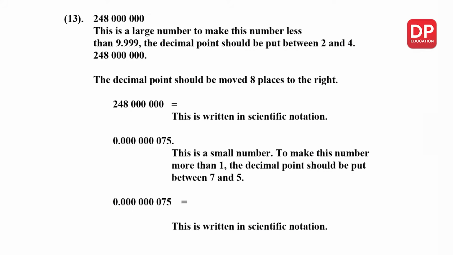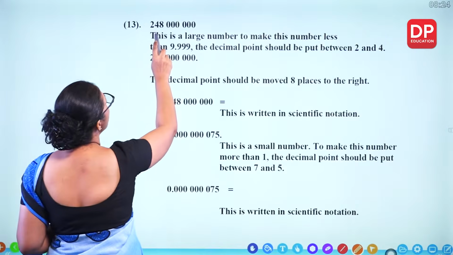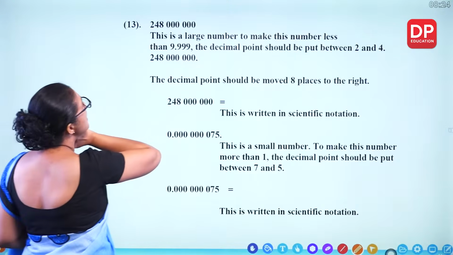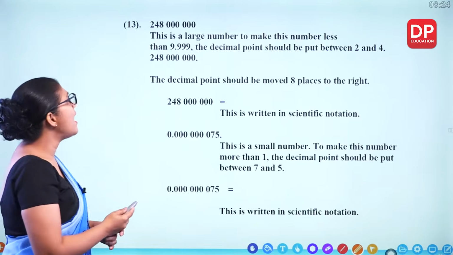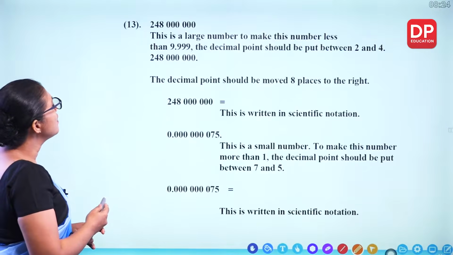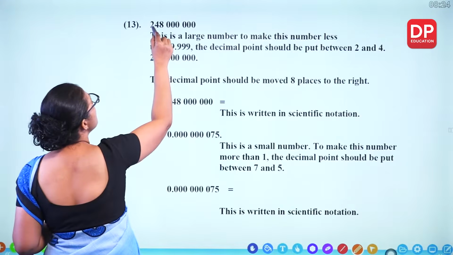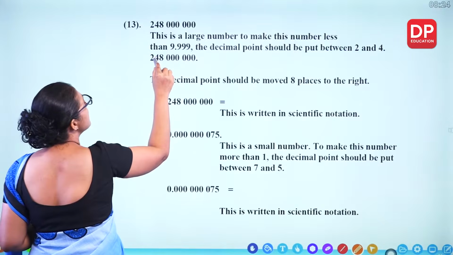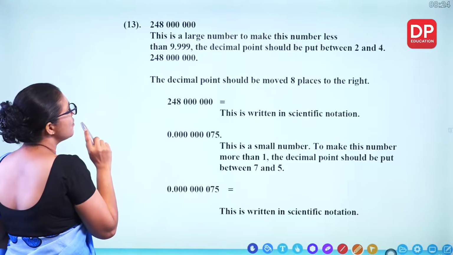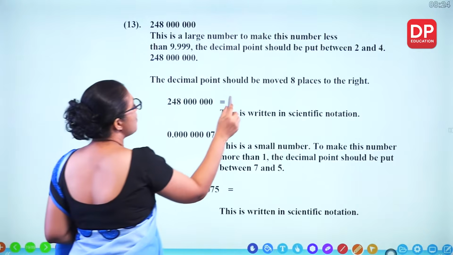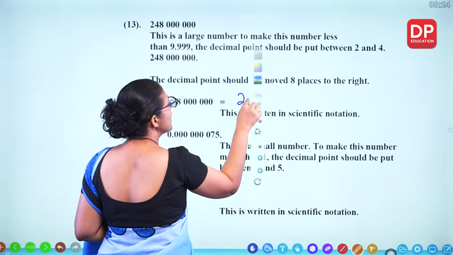Now a very large number, 248 million. This is a large number. To make this number less than 9.99, what do you have to do? You have to keep the decimal point here in between 2 and 4. So how can you write down that number? You can write 2.48.